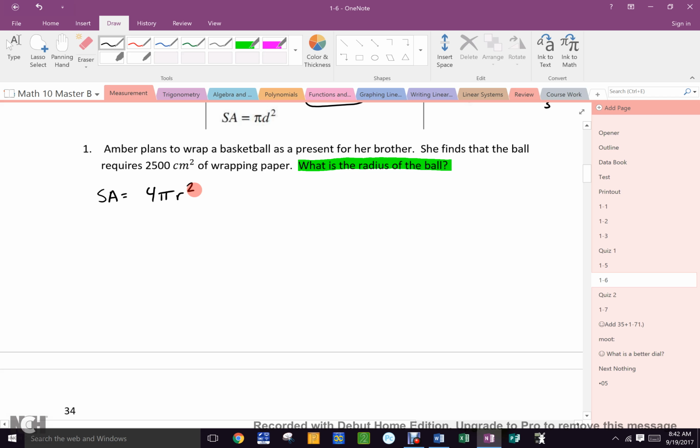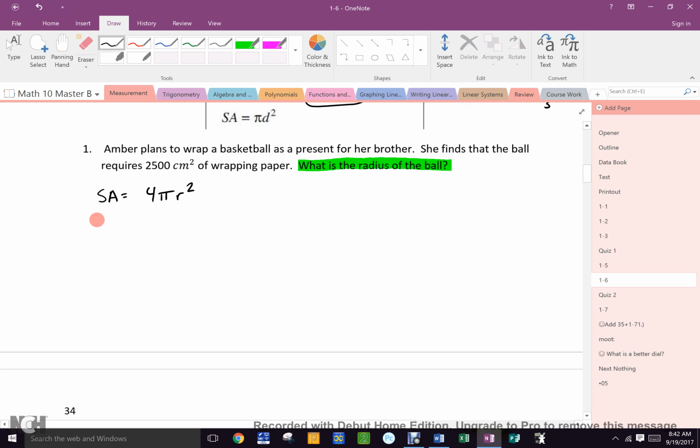Okay. Now, usually, I'm given the radius, and I'm finding the surface area, aren't I? Right? But in this case, what do we know? Do we know the surface area or do we know the radius? We know the surface area.